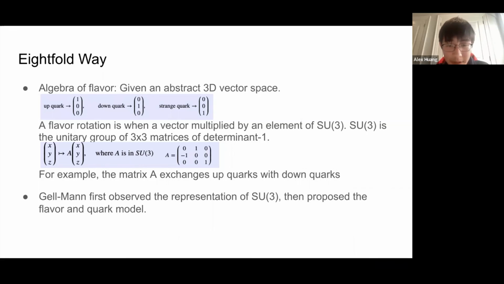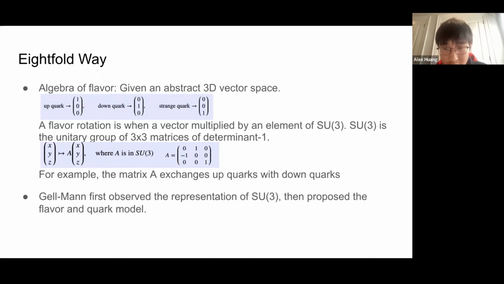For example, if you say A is 0,1,0; 1,0,0; 0,0,1, then matrix A actually exchanges every up quark to a down quark and every down quark to an up quark. So for example, a proton, we know it consists of 2 up quarks and 1 down quark, so the vector is 2,1,0.